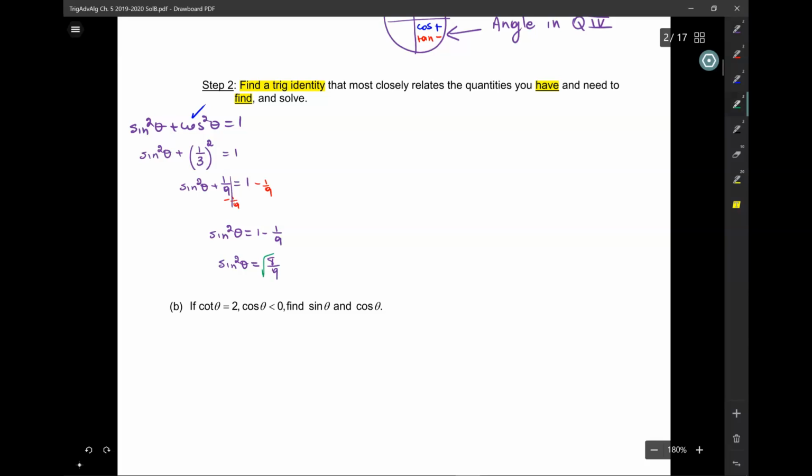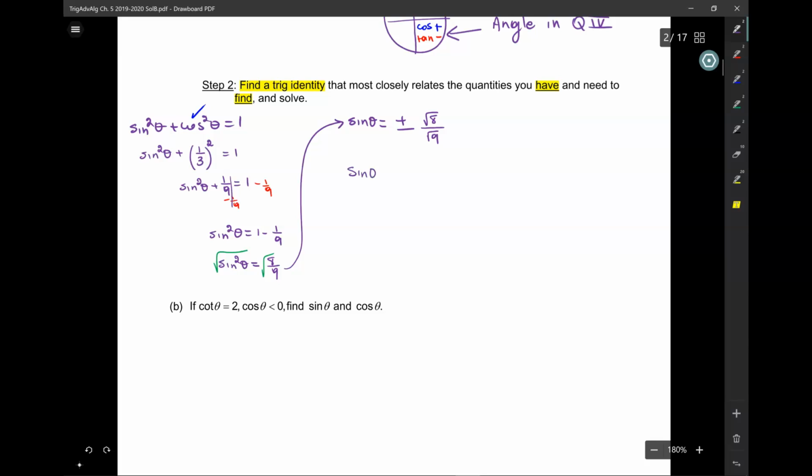Now I'm going to take a square root. So let's go up here. Sine of theta is equal to, when you take a square root of both sides, plus or minus root 8 over root 9. We can split up the root.